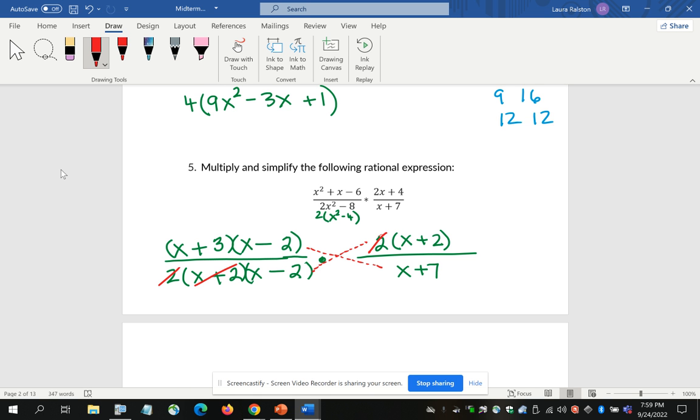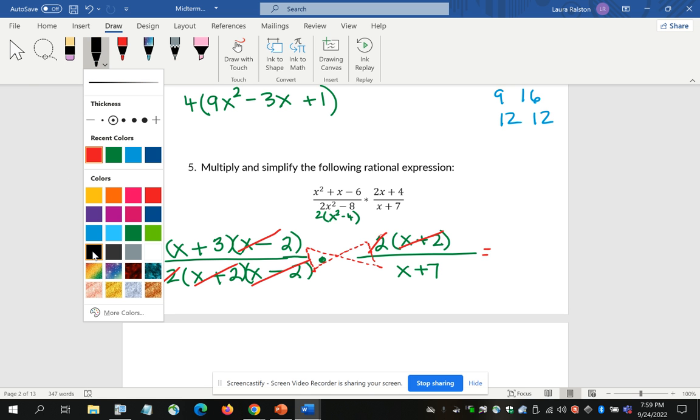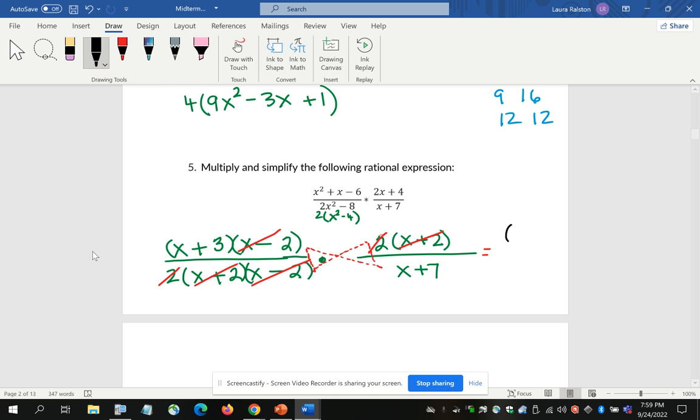I have x plus 2 in the denominator as well as the numerator. Then I look on top of each other. On the left, I see I have x minus 2 and x minus 2. On the right, I don't have anything. But when I'm finished, what's left is x plus 3 over x plus 7.